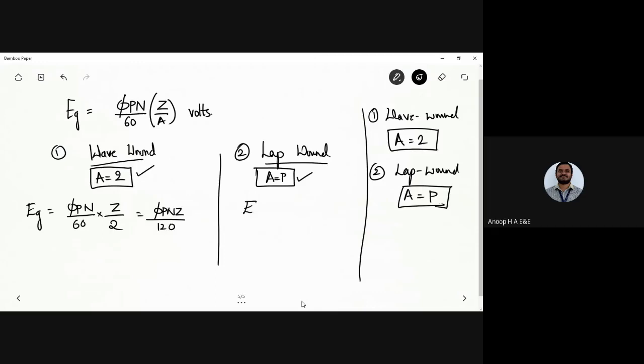For lap wound, P and A get cancelled, so EG is ΦNZ divided by 60.